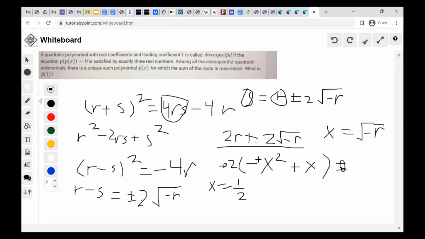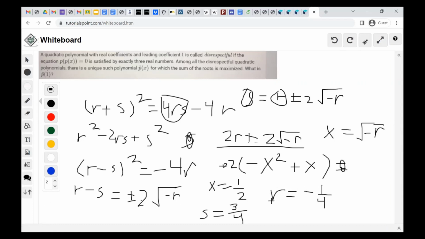So then when we plug this in, we get that s, so then we get that what? So then r must be equal to, well, if x is 1/2, then negative r must equal 1/4. So r is negative 1/4. And then s equals r plus 2 root negative r. So plugging in r equals negative 1/4 gives s equals 3/4. And then finally, we want to find p squiggle of 1.